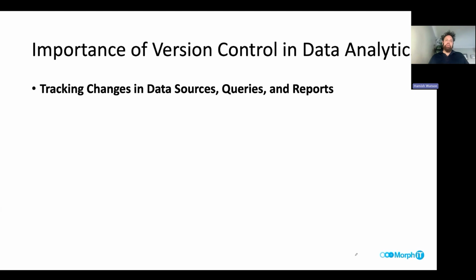I can't see that. Whereas seeing the actual code, so a JSON file, text file, whatever, once Power BI came across, and then once Fabric started allowing us to integrate with source control, meant that we could actually do some of the same paradigm as what I've been doing since 2010, 2011 with application development, then database development, and now analytics. And that is that we can track changes within our data sources, queries, and reports.